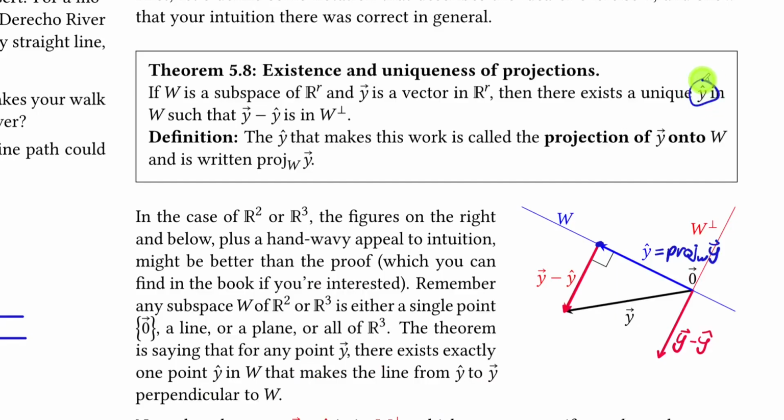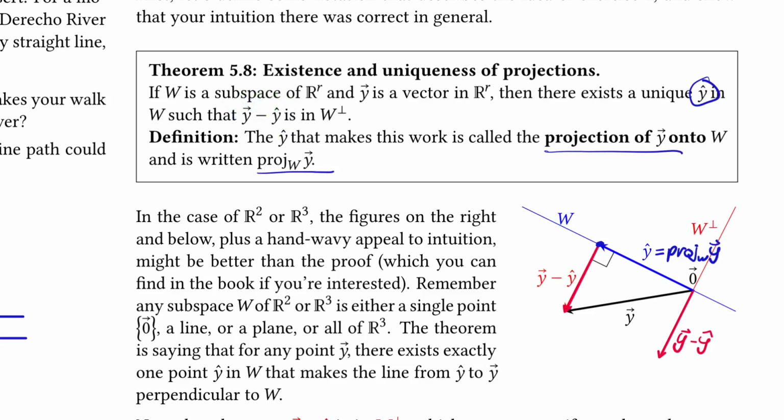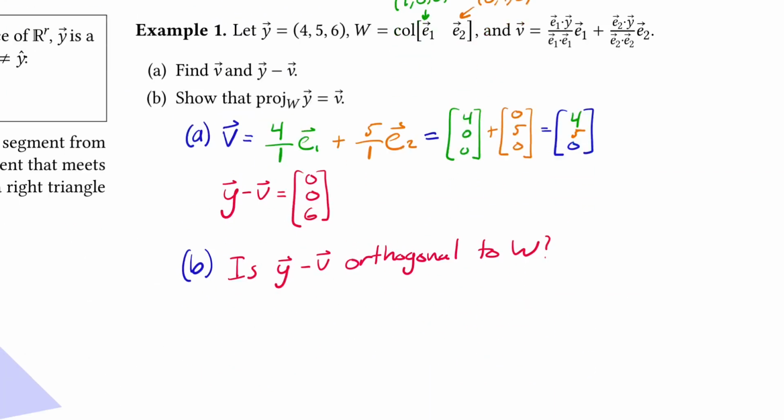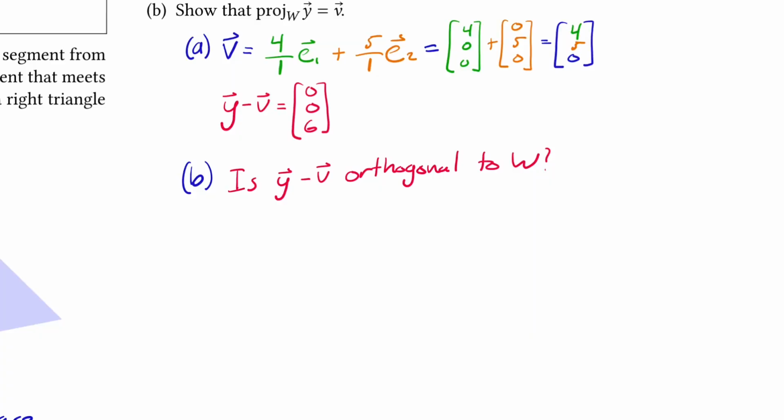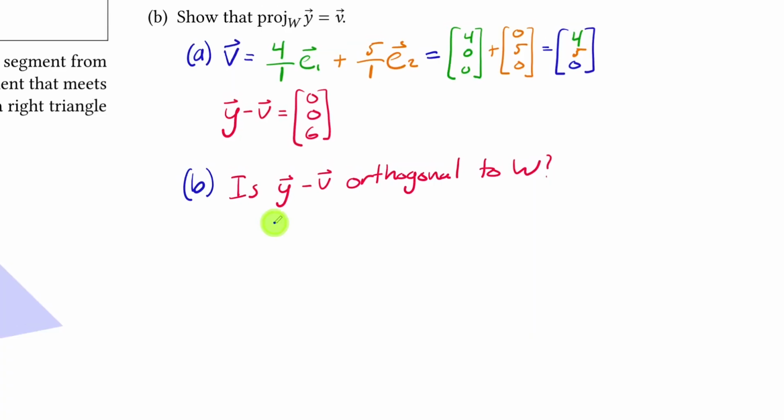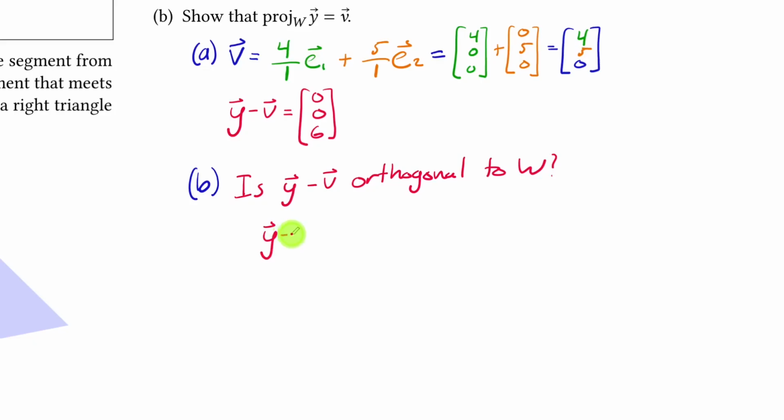The y hat that makes this work is the unique vector that makes y minus y hat perpendicular to W, meaning it has to be orthogonal to every vector in W. So if you do y minus v dot producted with E1, that's 0, 0, 6 dot 1, 0, 0, you definitely get 0.